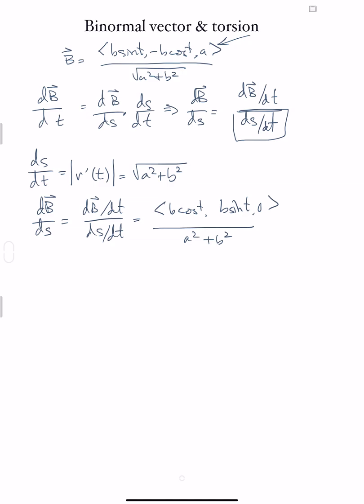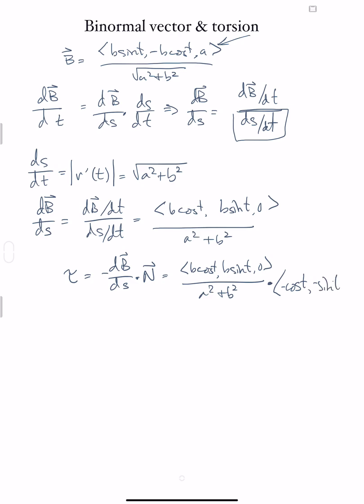Okay. So what we want to do then is compute tau. That is the minus dB ds dotted into the normal vector. Okay, so we end up with b cosine t, b sine t, and 0 over this denominator. And then we dot that into minus cosine t, minus sine t, and 0 for that.